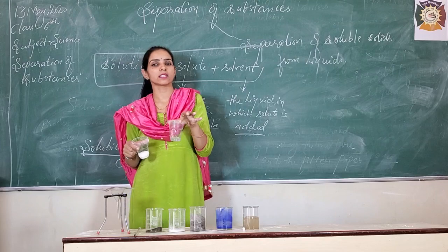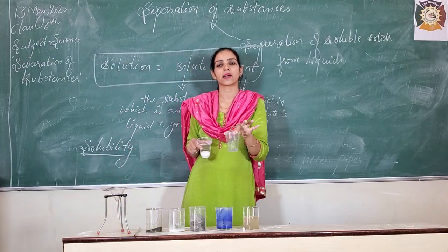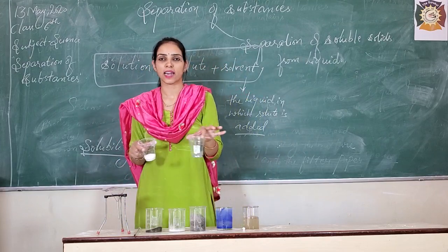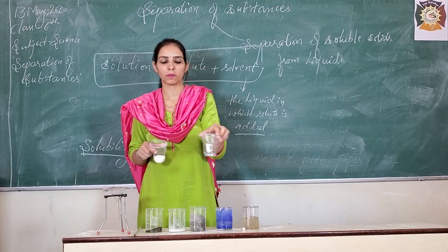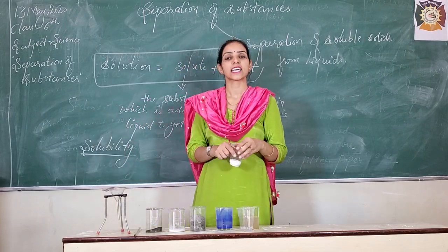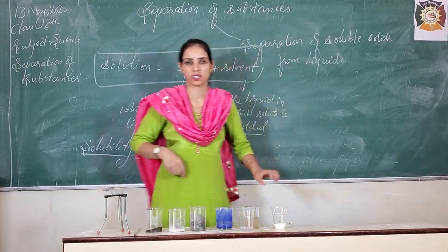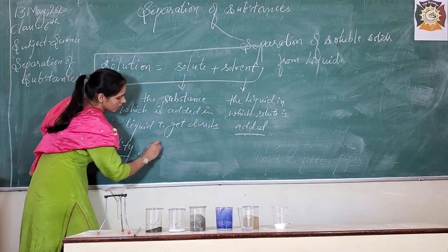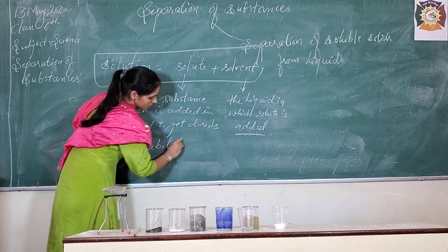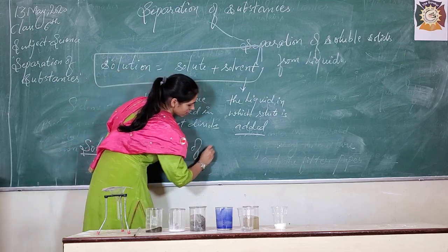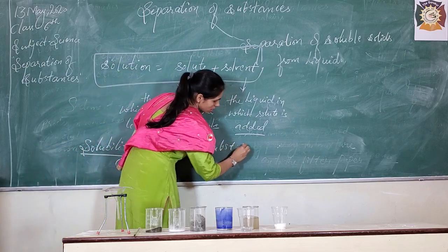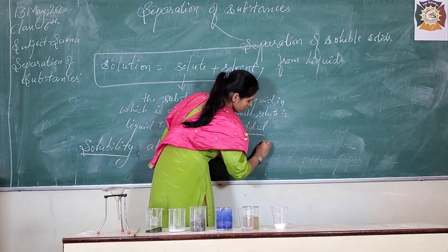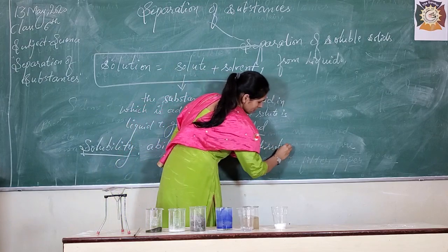But once the point will come that more sugar cannot be added, then that solution will be called a saturated solution. Clear? So students, solubility means the ability of a substance to dissolve, right?